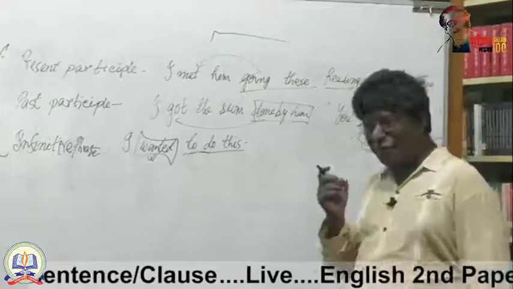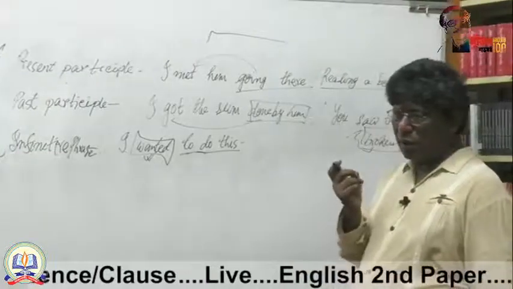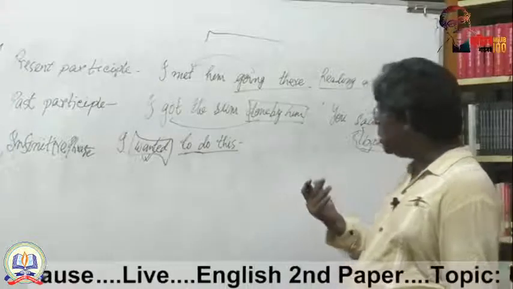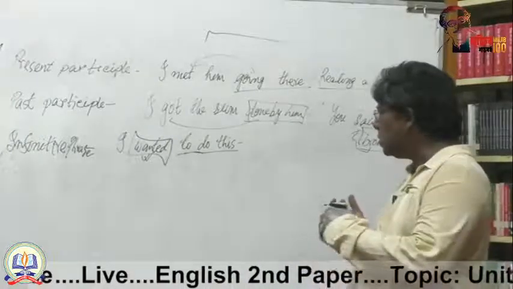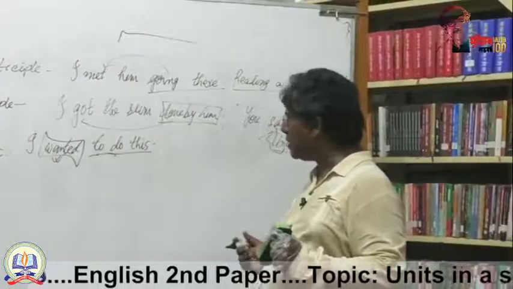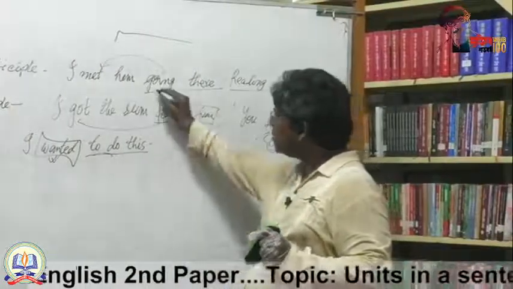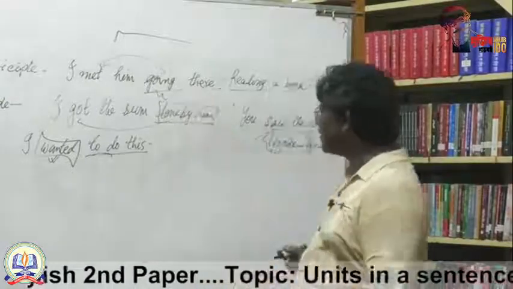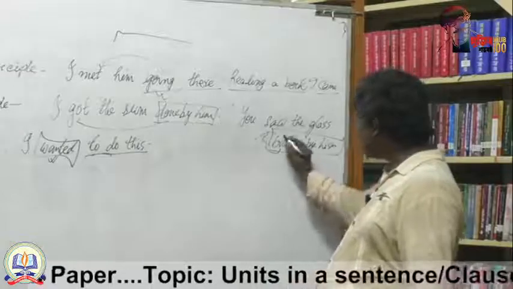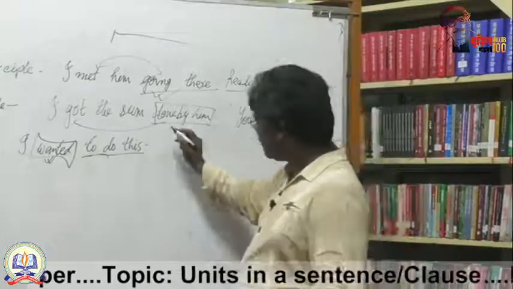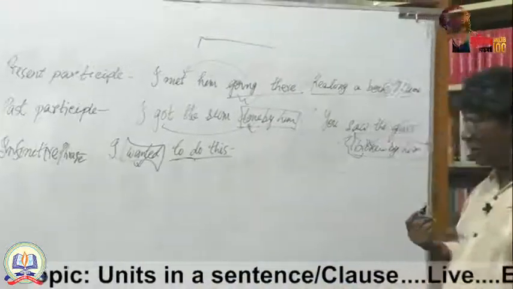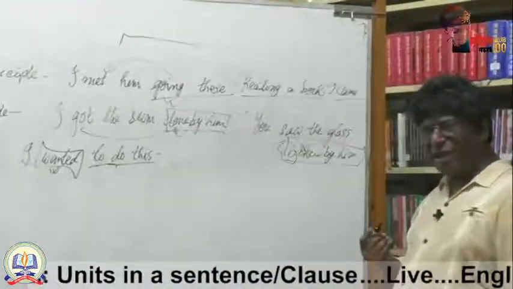Still, there is a very distinctive difference between the use of the present participle and the past participle. Present participle is used to refer to a secondary verb in the active form, and the past participle is used to refer to a secondary verb used in the passive form.